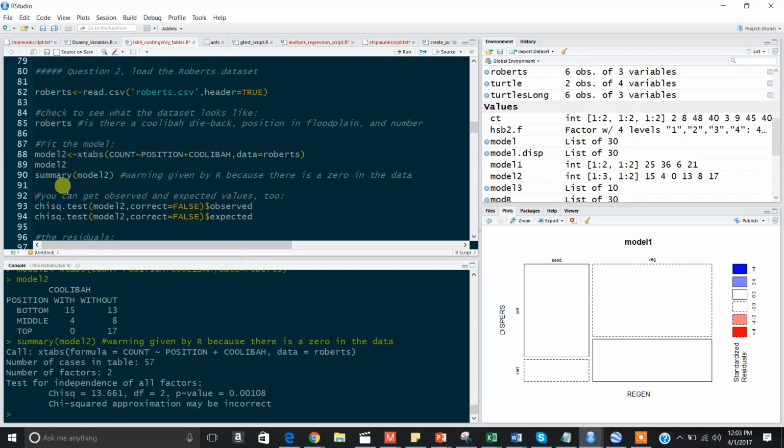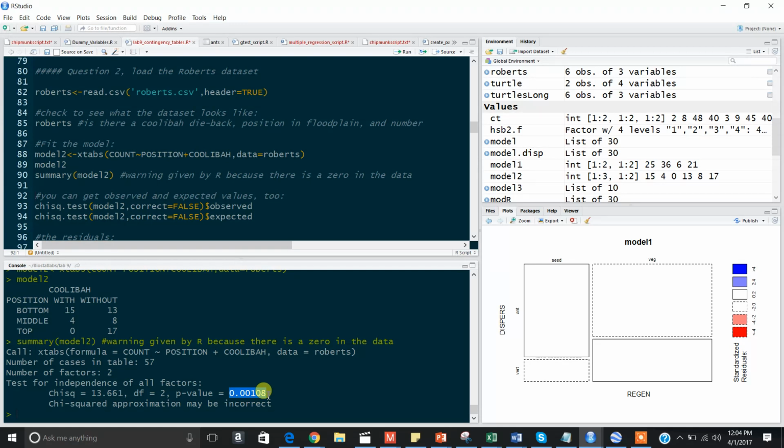Looking at the output, the reason why we get this little warning down here is because we have a 0 value here for top and width. So it's just yelling at us because of that, but it's no big deal. It's more of a warning than an actual error message. Okay, so here we get a p-value that is less than 0.05.